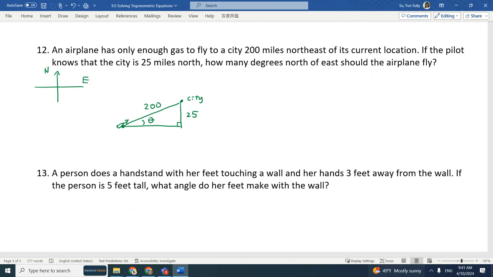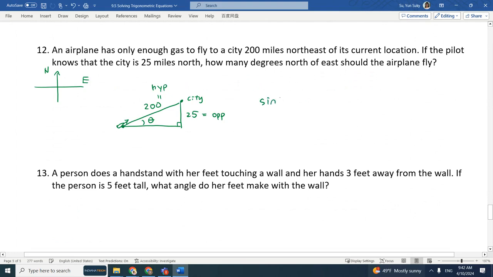We get a right triangle, and this is the angle we're interested in. So this is the what? Opposite, adjacent, hypotenuse. Which one? Opposite. And how about the 200? Hypotenuse. And which trig function relates the opposite and the hypotenuse? Sine.